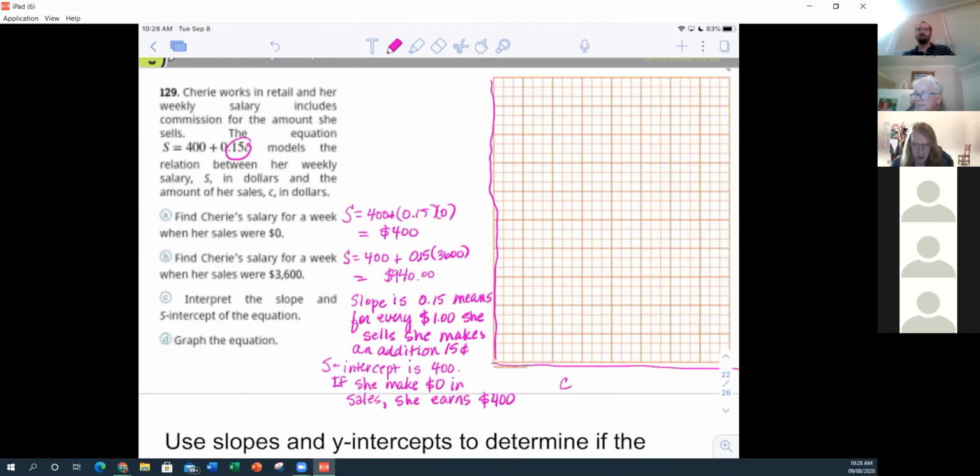Commission or dollars? Yeah, the dollars in sales, right? Good. And the y-axis or the s-axis is going to be what?